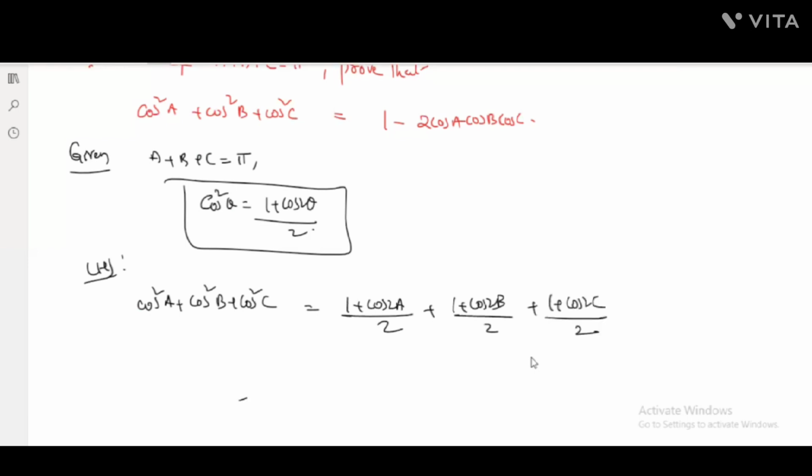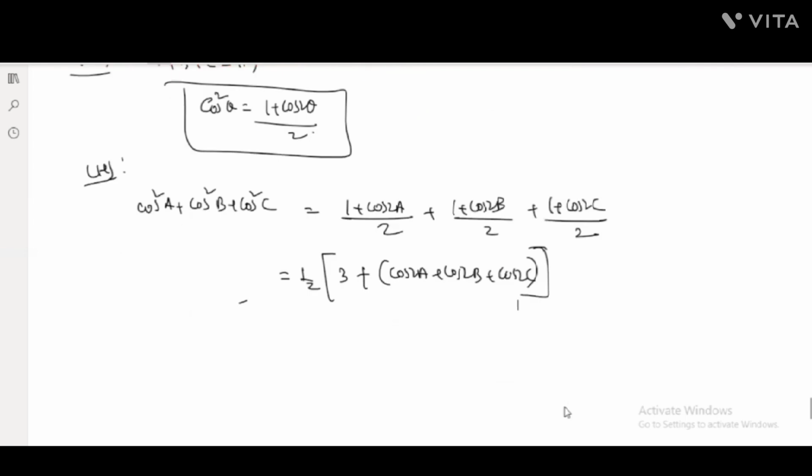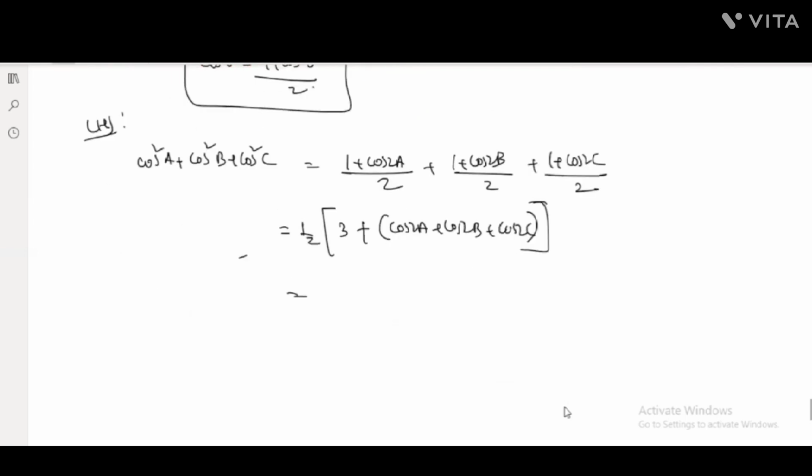We can write it so that 1 by 2 is common. So we'll get 3 plus cos 2a plus cos 2b plus cos 2c. Just now we found that cos 2a plus cos 2b plus cos 2c is minus 1 minus 4 cos a cos b cos c.